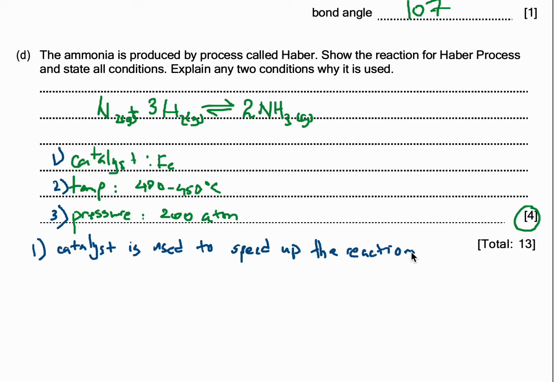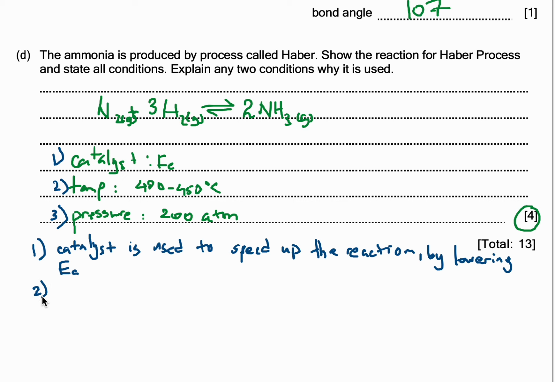So catalyst is used to speed up the reaction. So you can also write by lowering activation energy. So EA, activation energy.